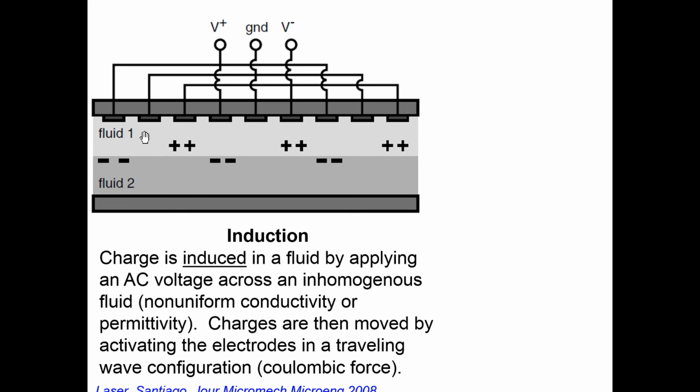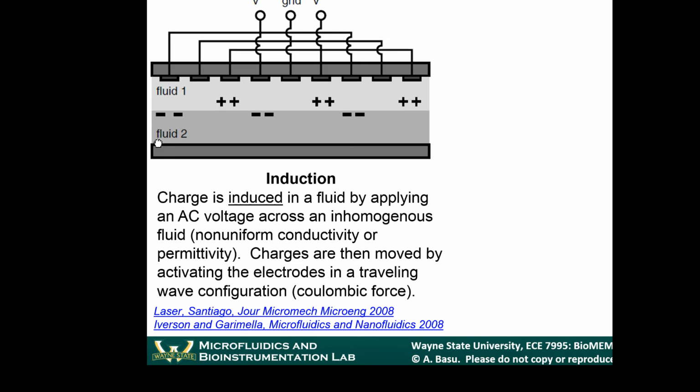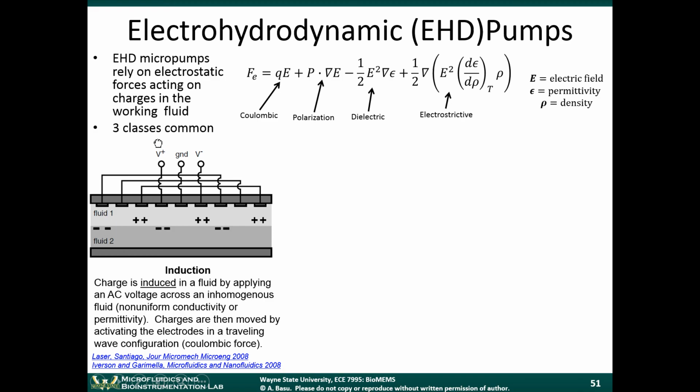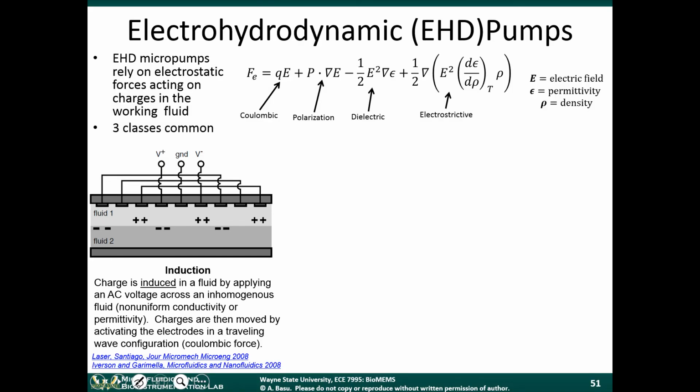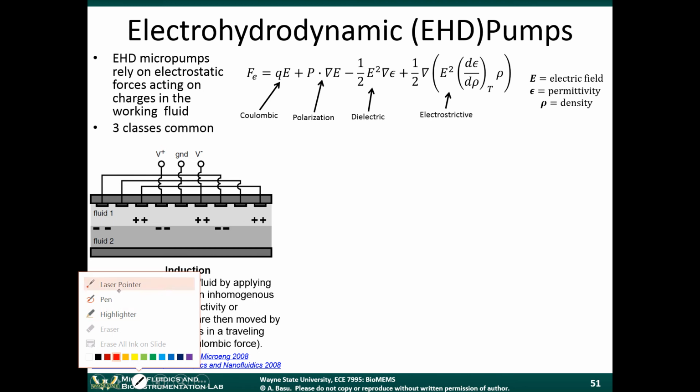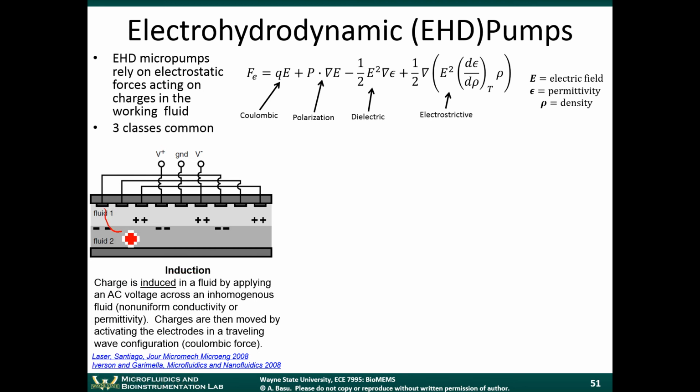So when you put a voltage between the positive and negative electrodes, it creates an electric field that looks something like this. The electric field goes like this. These are called fringing electric fields.